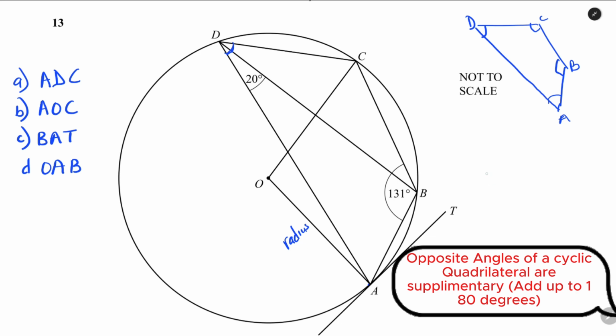So angle ADC plus 131 should give us 180 degrees. So ADC will be equal to 180 minus 131, and that will give us what? 49 degrees. So we now know that our angle ADC is what? 49 degrees.